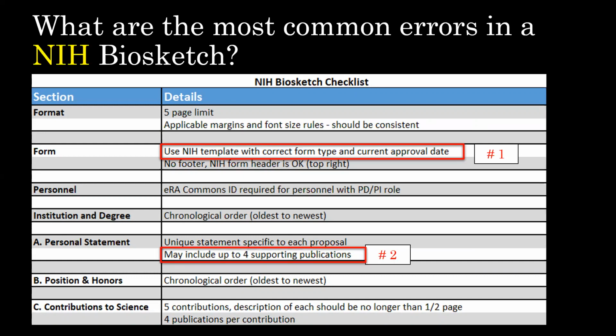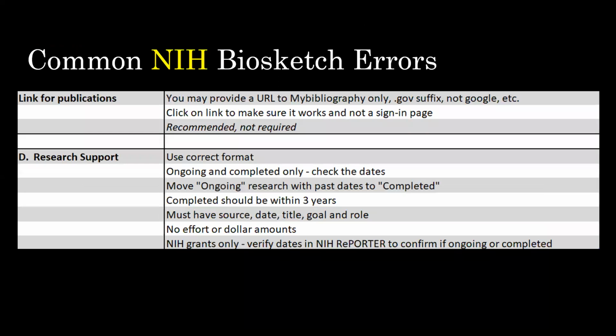The second one being is PIs try to add too many publications. And then the third one is that when you have a grant that say recently ended, it needs to be moved over to completed, and because it's expired, it's no longer a current grant. So that's the other most popular error.